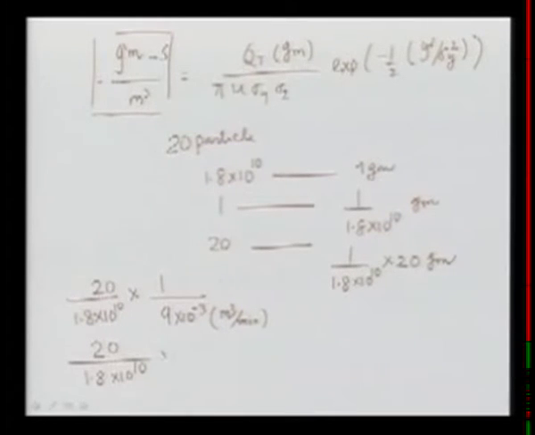So this will become minute per meter cube, and this will become 20 by 1.8 into 10 to the power 10 minutes. We can convert into the seconds.